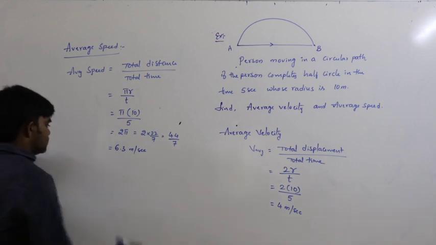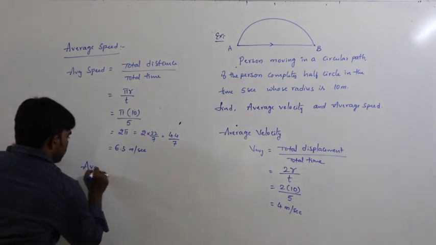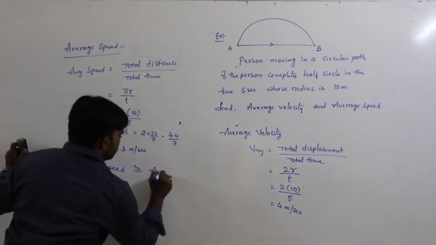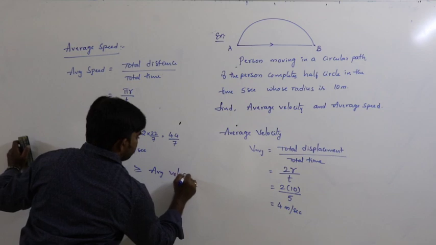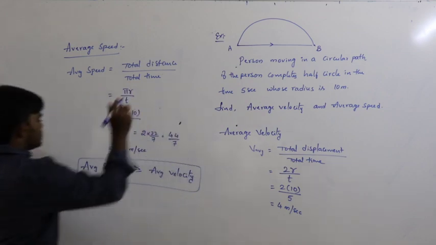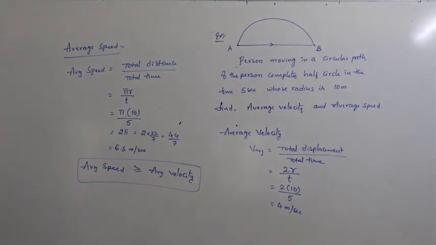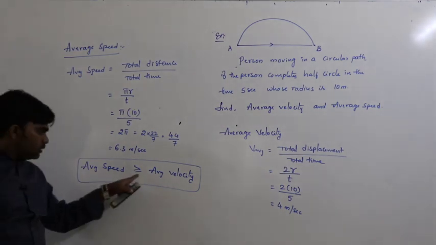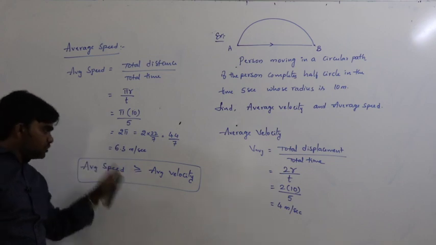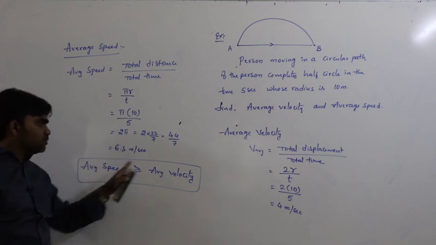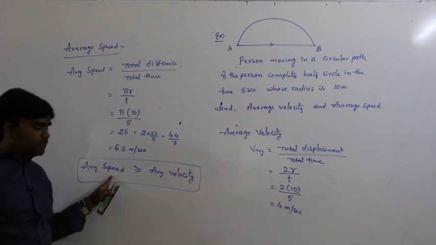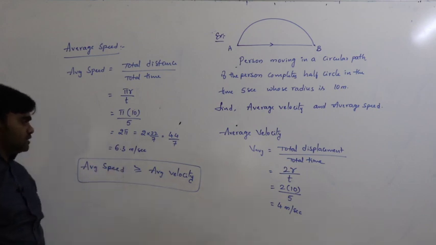From this we can say that average speed is always greater than or equal to average velocity. They are equal in a straight line path, where average speed must be equal to average velocity. In all other situations, average speed must be greater than average velocity.